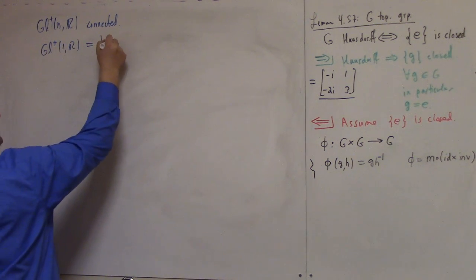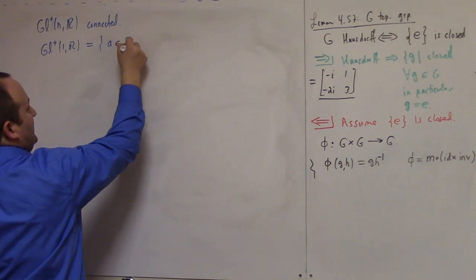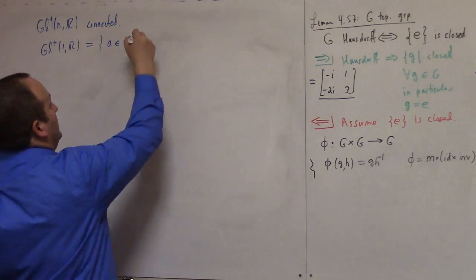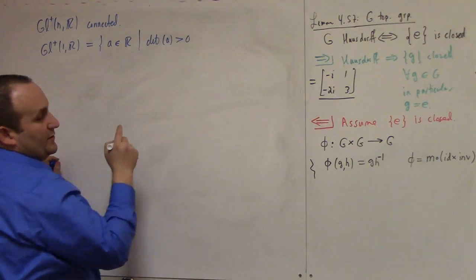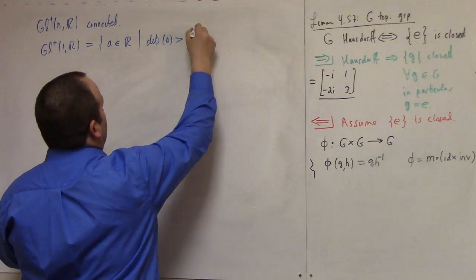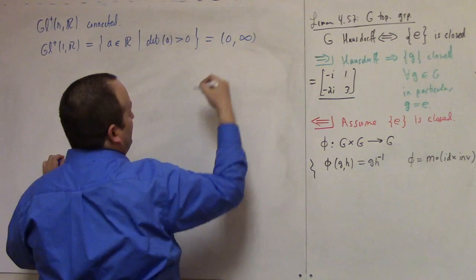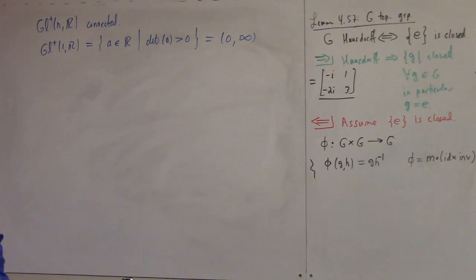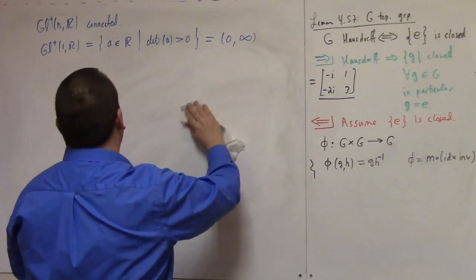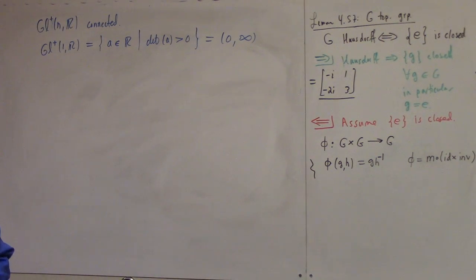That's just a in R, because 1 by 1 matrices just identify with R, such that the determinant of a is greater than 0. But the determinant of a in the 1 by 1 case is just a. So this is exactly this, and that's an interval, and that's connected by real analysis.